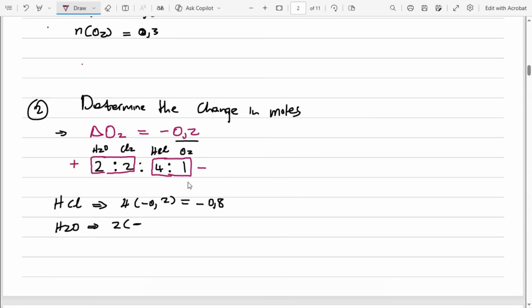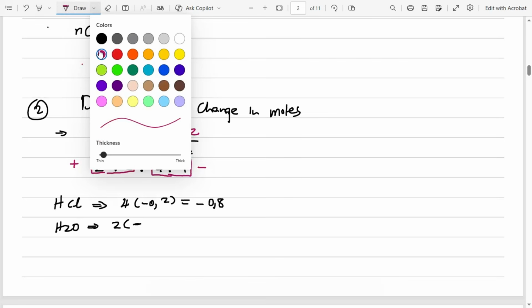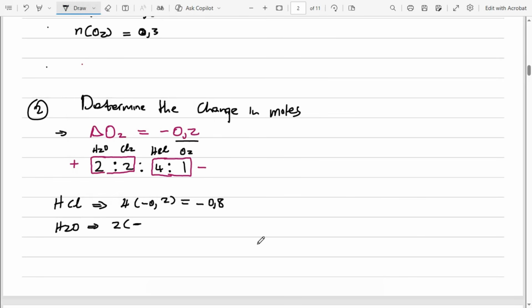So when you sub into that formula, since these are reactants, we don't multiply by negative 0.2 but by positive 0.2. If you don't understand this, don't worry.